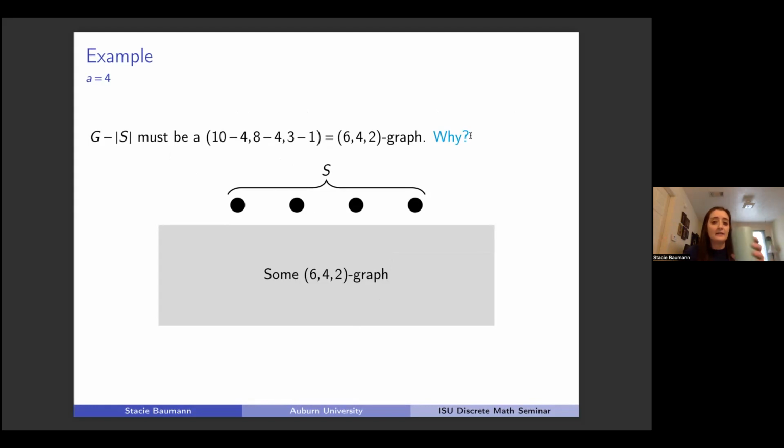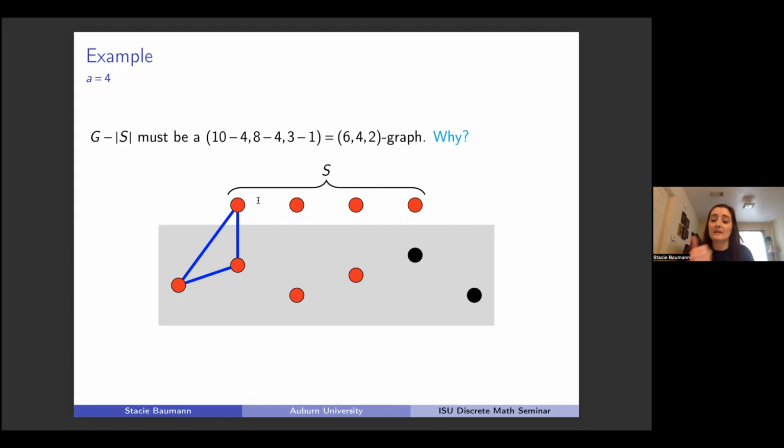So why? Let's go through that. If this whole thing is a (10, 8, 3) graph, then if I pick any 8 vertices, at worst I could pick 4 vertices from the independent set. And only one of them can be in my K3, because they're an independent set.